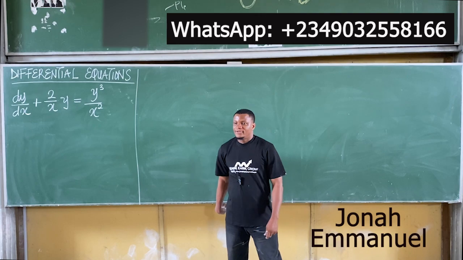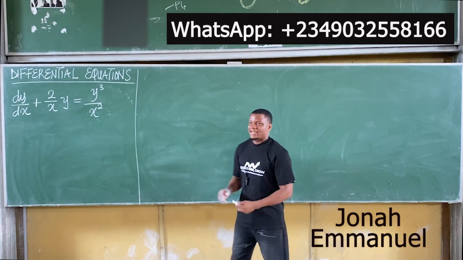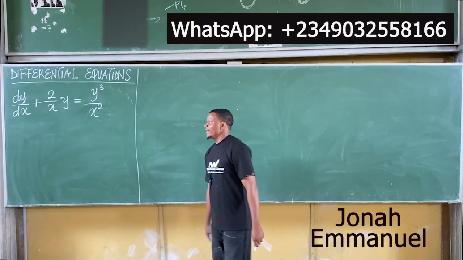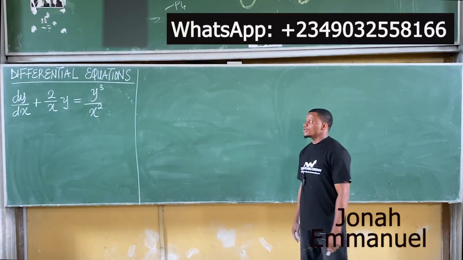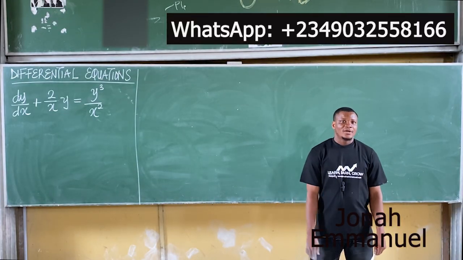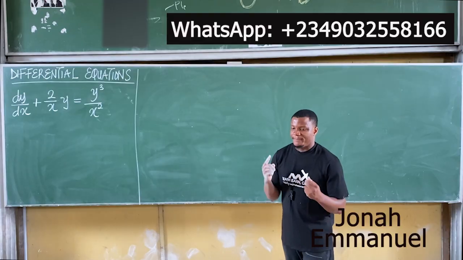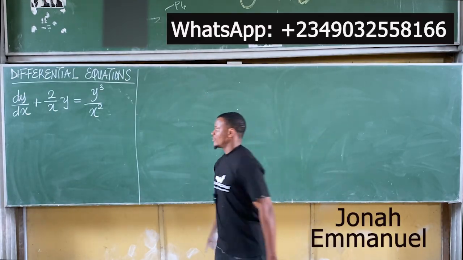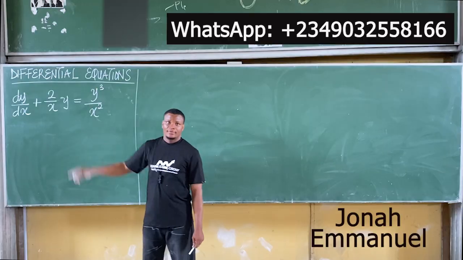Okay, guys, so look up. Let's start with the first example. We have dy/dx plus 2 over x y equal to y cubed all over x squared. This is a Bernoulli's equation for just one reason: because you have a y term on the right.